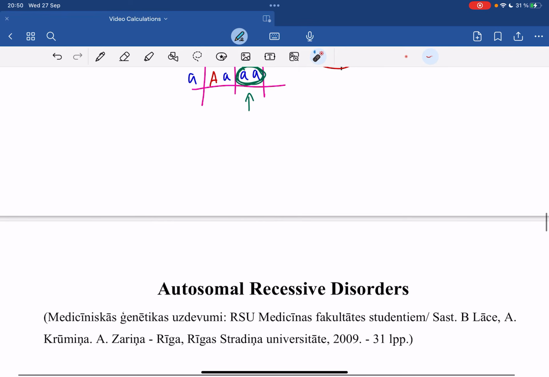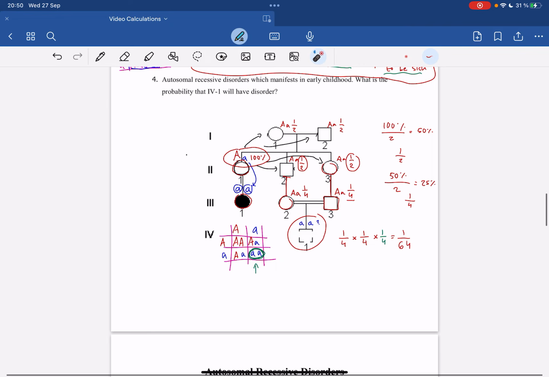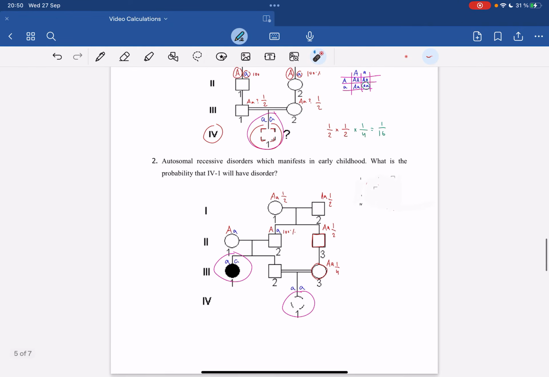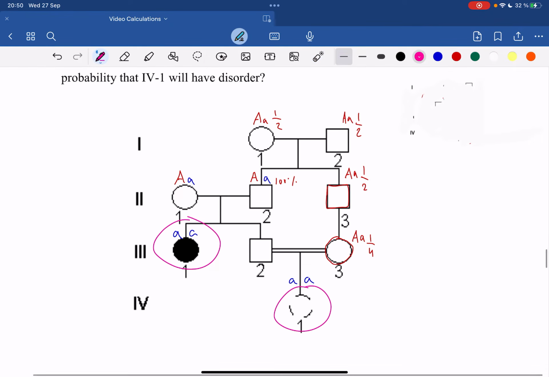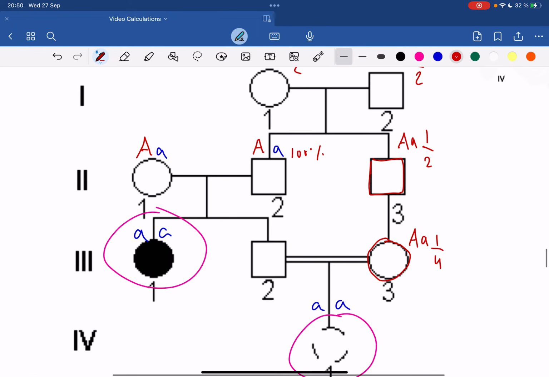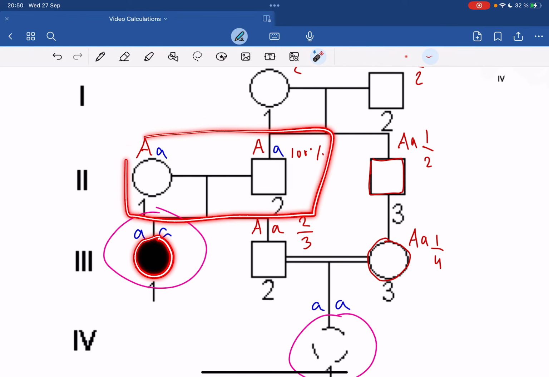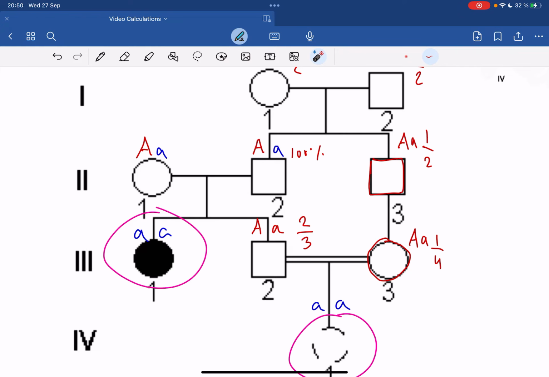So let's go here. Right here. The probability for this person to be heterozygous is now 2/3 and not 1/2 because it has an affected sibling and both parents are healthy. Then it would always be 2/3.